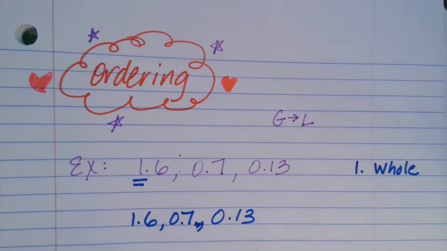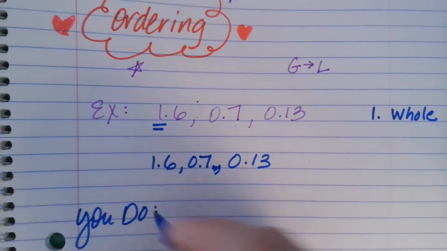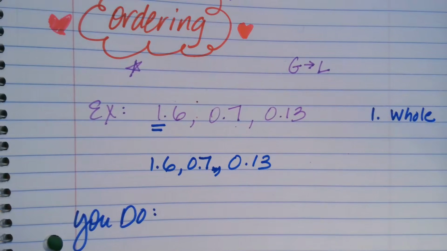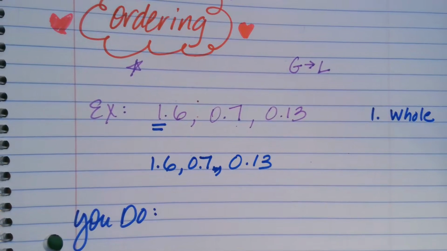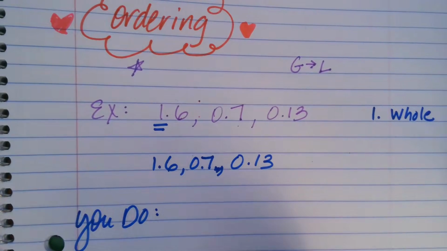Yeah, you know what I want to do though? Let's do one you do. I want to give you some numbers and let you work them through yourself before we see how we do.